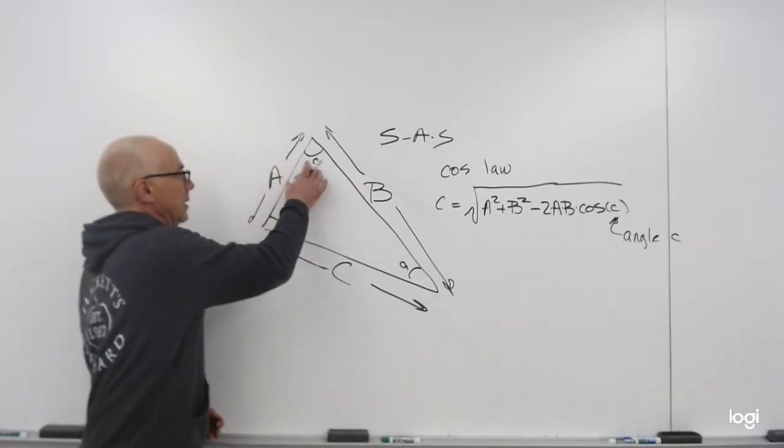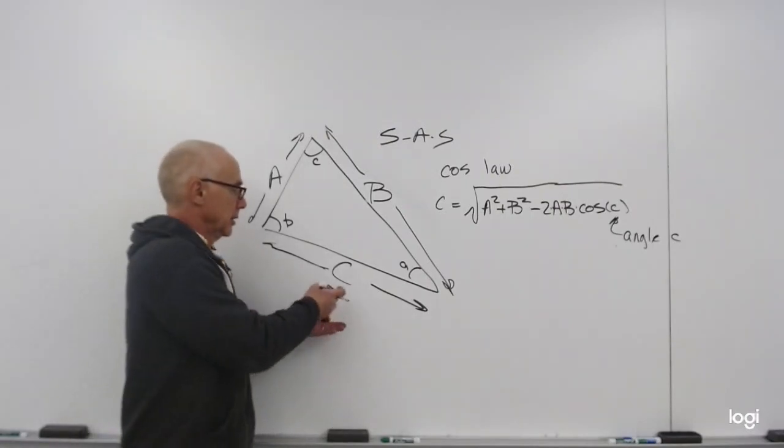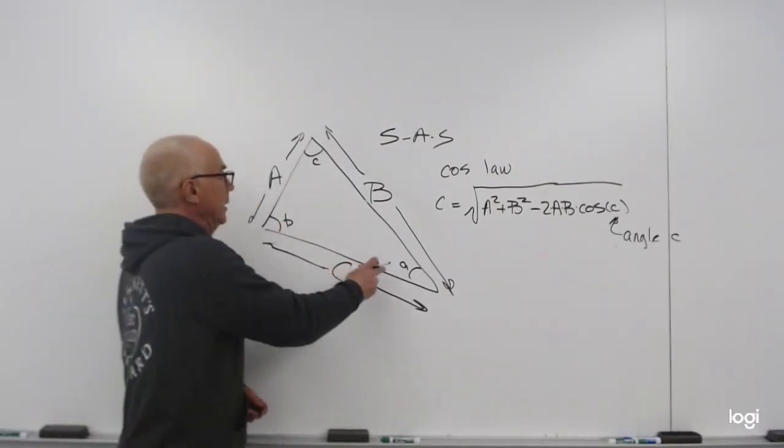Basically, if you know A, B, and the angle C, we can use that function to come up with the length C. Now, what if we want these angles B and A?